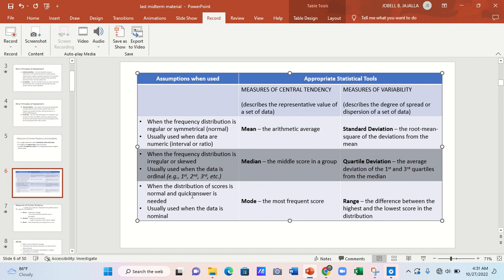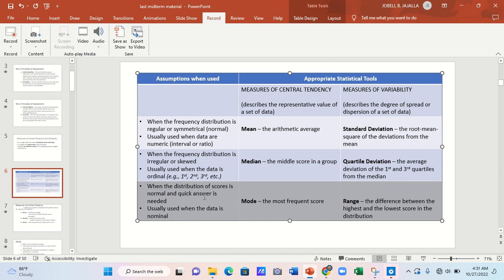Now, for the third pair of assumption, we have when the distribution of scores is normal and a quick answer is needed, or usually used when the data is nominal. So what we use here is the mode. So the distribution should be normal, or if you want quick reporting of scores, we use the mode as the central tendency.